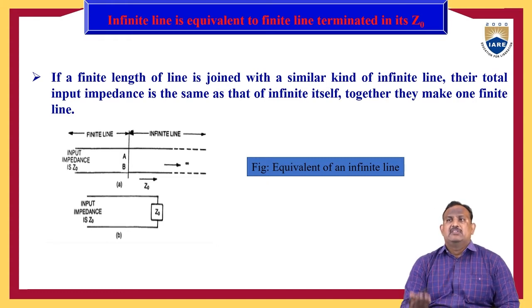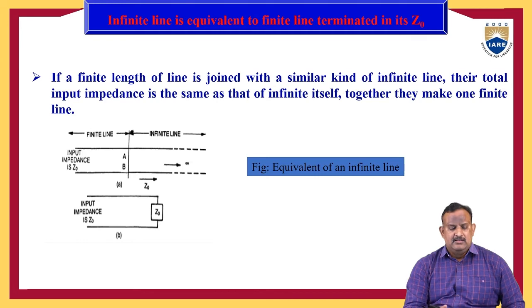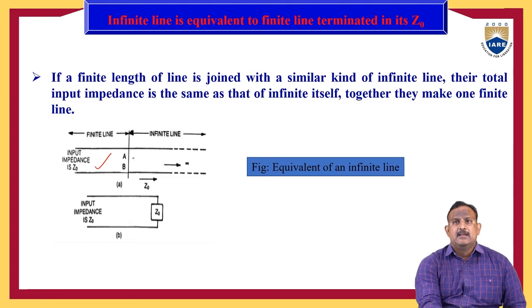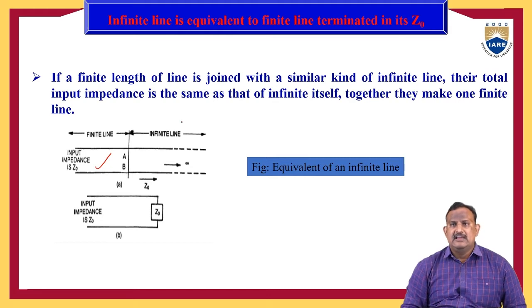Now the line becomes a finite line. Here we apply an input impedance of Z0, and AB, the output part of the finite line, is connected to the input part of the infinite line, which has the impedance Z0.